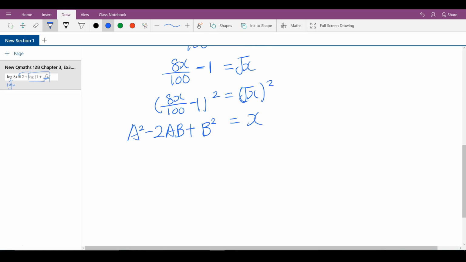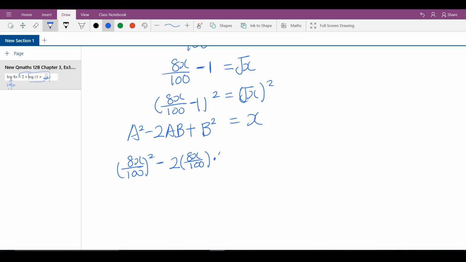So it will become ax over 100 squared, minus 2 times 1 times 8x over 100 times 1, plus, well, b squared is just minus 1 squared.